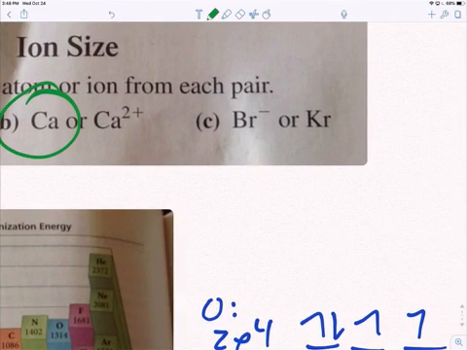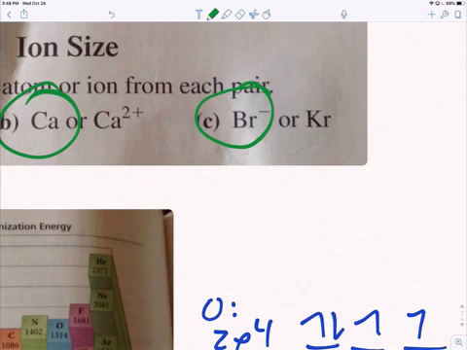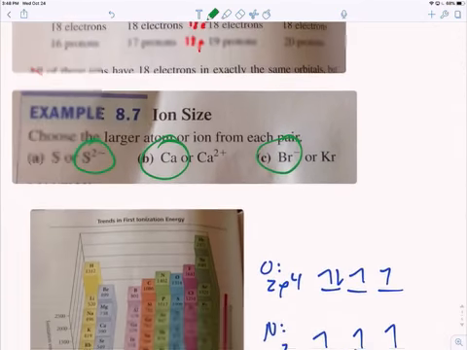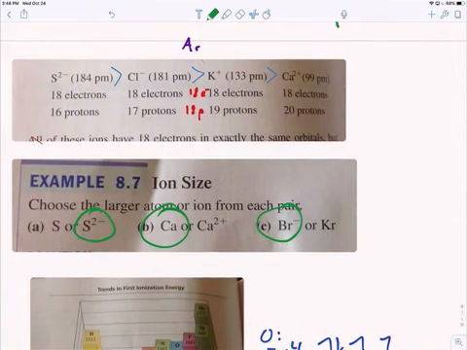So since bromide has one fewer positive charge, it's the bigger ion. So, questions with this? Is it making sense? That if you have the same number of electrons, the ion or atom with the most protons will be the smallest, and the least will be the biggest. Okay.